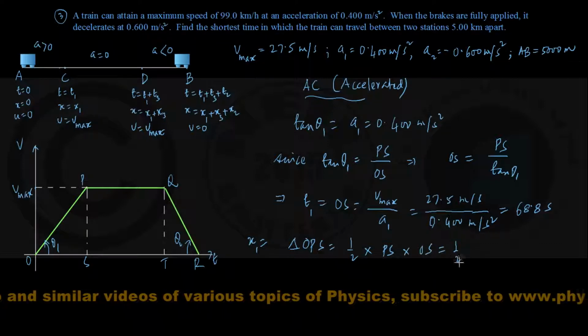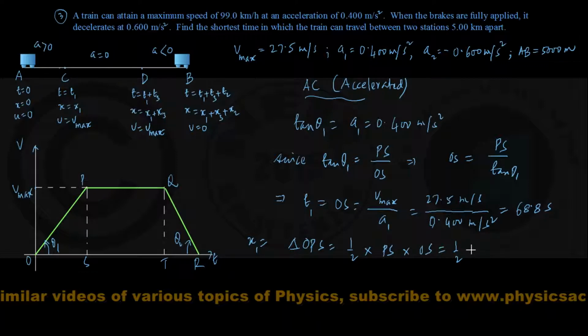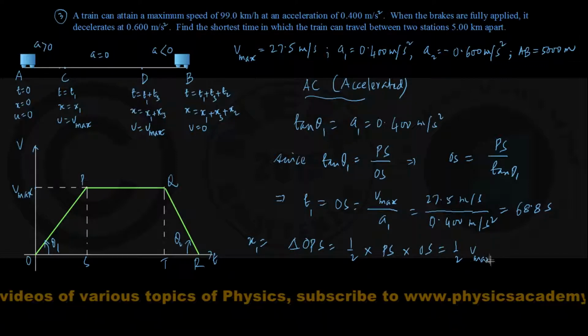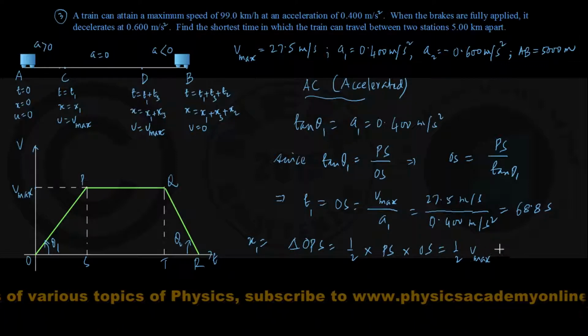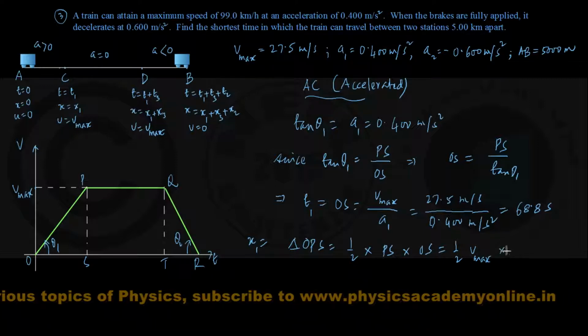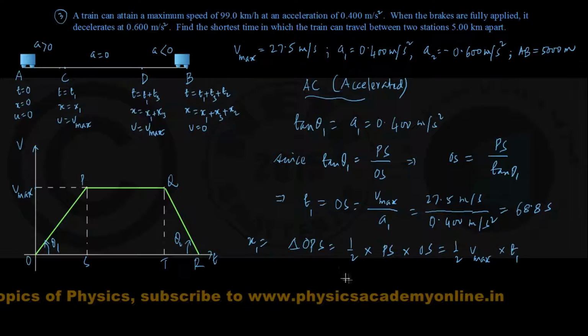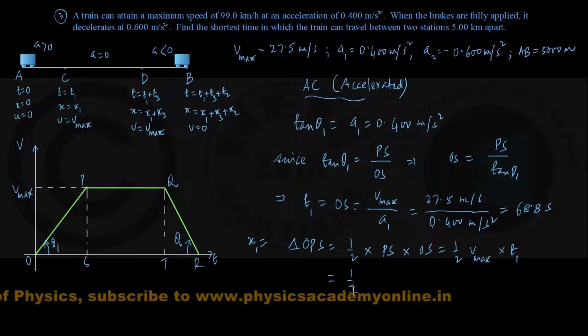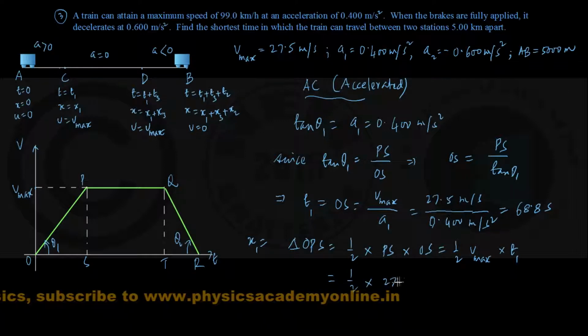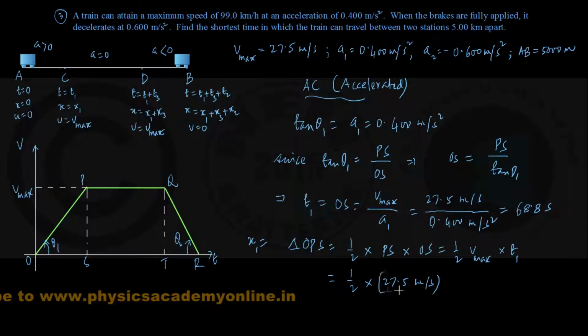This is coming out to be half. PS is equal to Vmax, and OS just now found to be T1, that is, I'm calling it T1 only, putting the values, that is half into 27.5 meter per second into T1 was found to be 68.8 second.